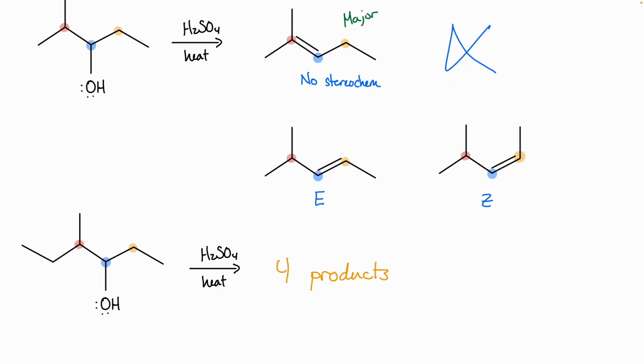Okay. I'm going to leave it for y'all to figure out what those 4 are. Suffice it to say, you're going to look, figure out whether you have the E isomer, the Z isomer, or there's no stereochemistry. If there is stereochemistry, you have to make sure to draw its counterpart.